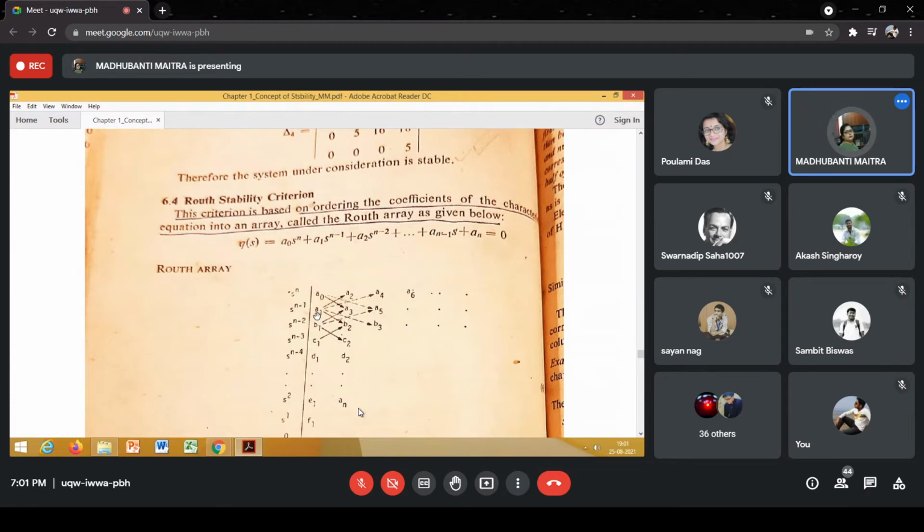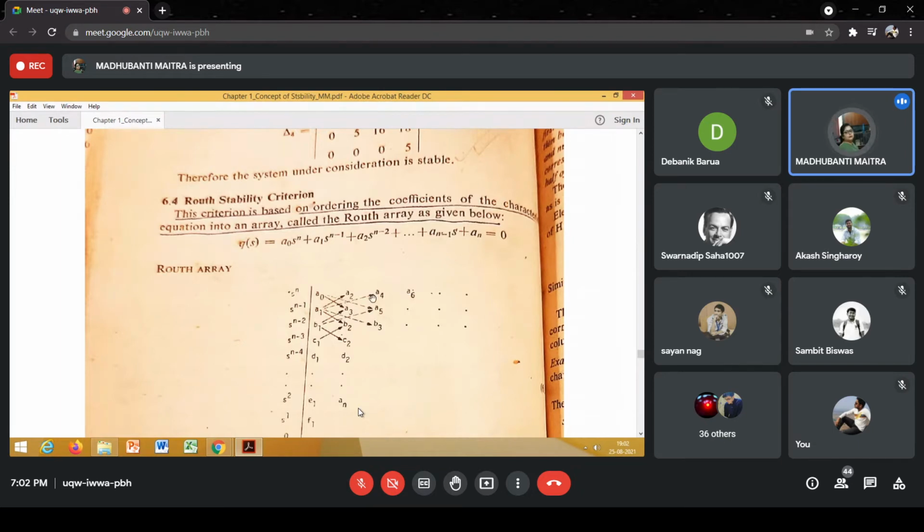Then again we'll pick up the alternate term. So A1, then A3, then A5, and so on. Have you understood? Yes, ma'am. So from this it's clear that we can just write down the elements of the first two rows of Routh array simply by inspecting the characteristic equation, right?